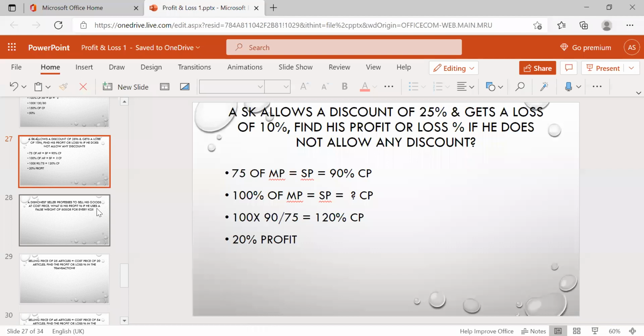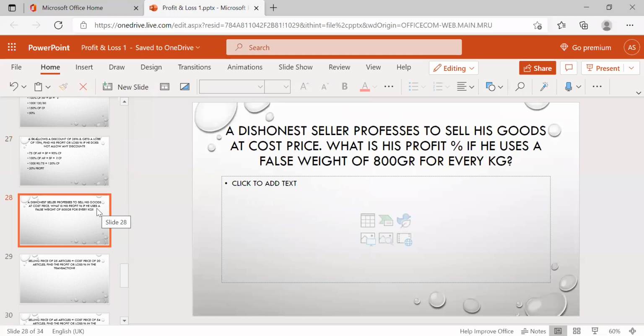See, a dishonest seller sells the goods at cost price only. What is his profit percentage if he uses a false weight of 800 grams for every kg?